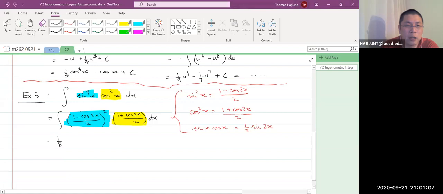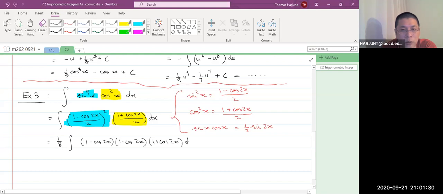Okay, and then integral, I will FOIL that, but I hope you can see that one of the factors is, let me write it as 1 minus cosine 2x, 1 minus cosine 2x, 1 plus cosine 2x. Is it right? On the top, that's what it becomes.